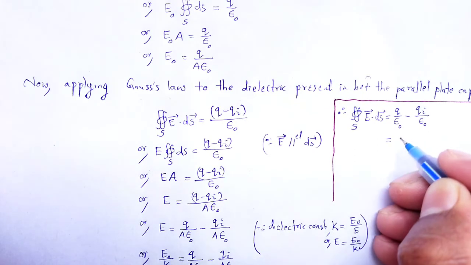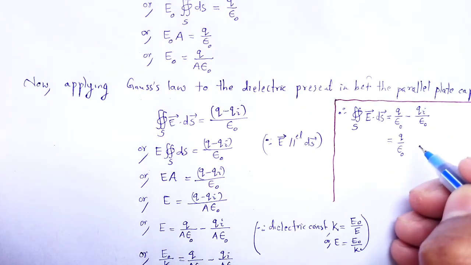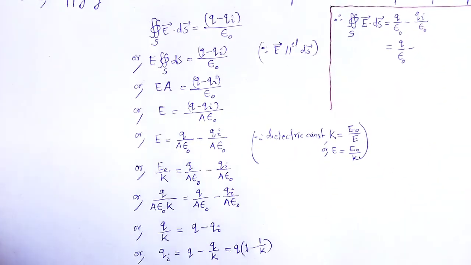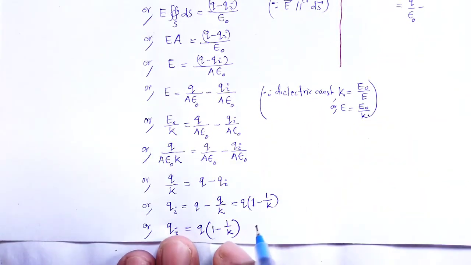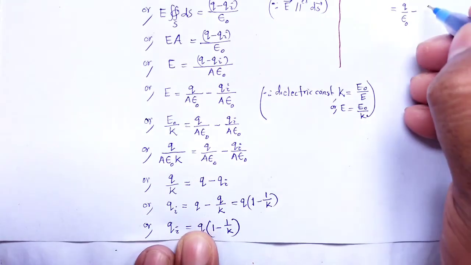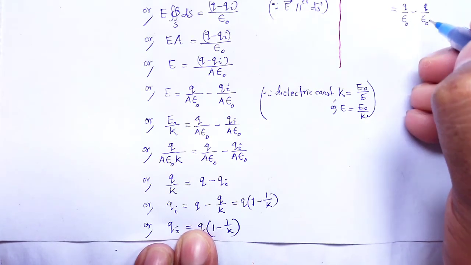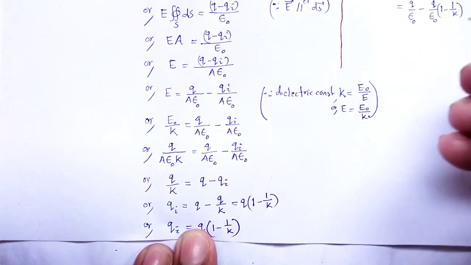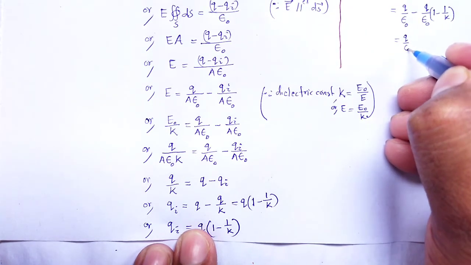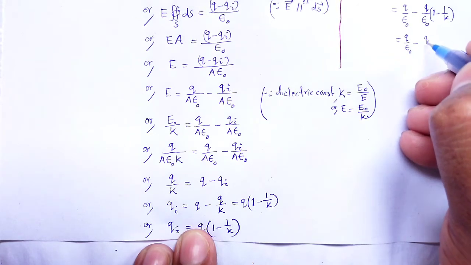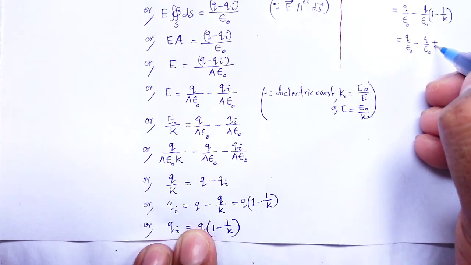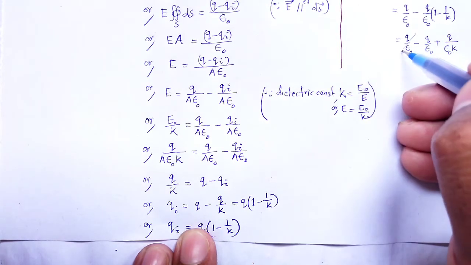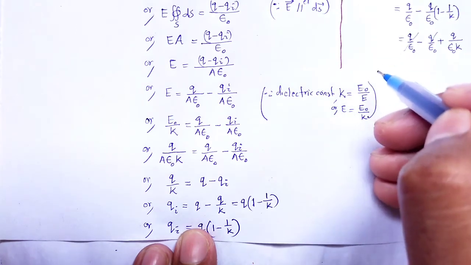In place of Qi I can substitute Q times 1 minus 1 by K. So it will be Q divided by epsilon naught times 1 minus 1 by K, equal to Q by epsilon naught minus Q by epsilon naught plus Q by epsilon naught K. Q by epsilon naught cancels out.